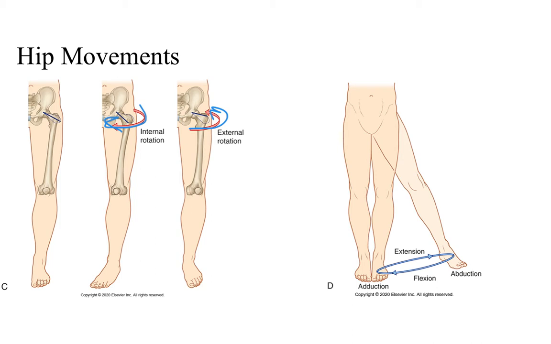And then of course, we can also take our hip, with leg bent or leg straight, and move it around in a circle. That is what we would call circumduction. And what that does is it adds flexion, abduction, extension, and adduction, but collectively it would be called circumduction. And you're going to see that specifically with ball and socket joints, like the hip.